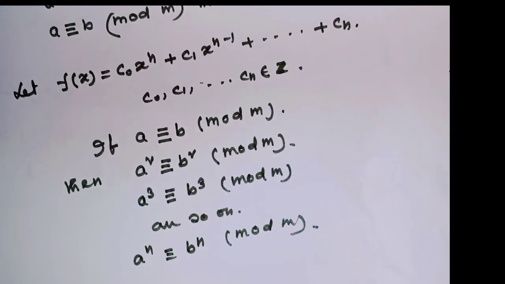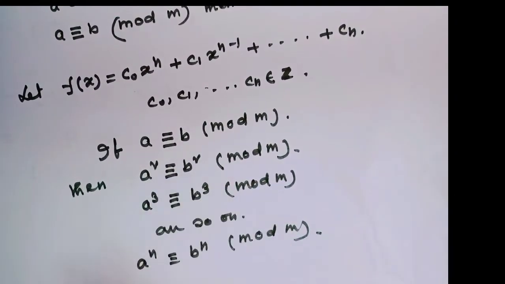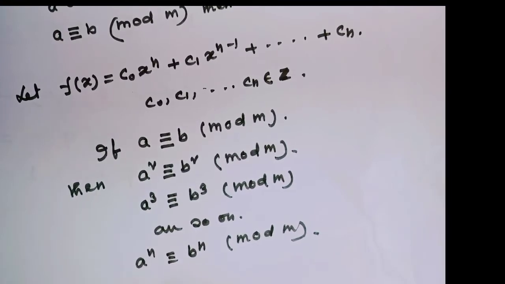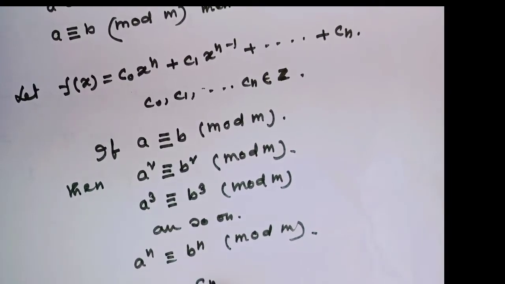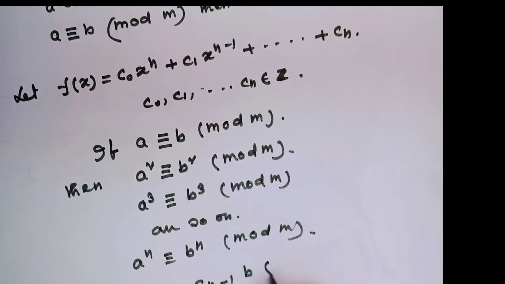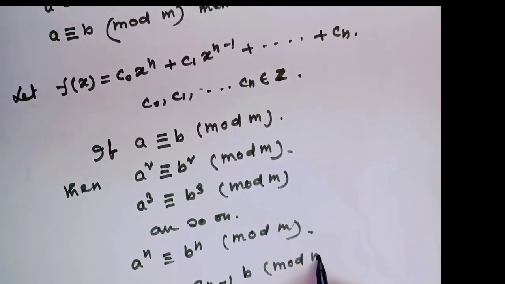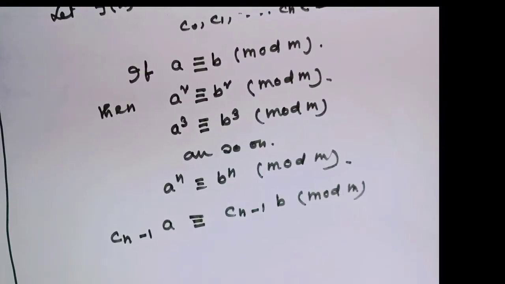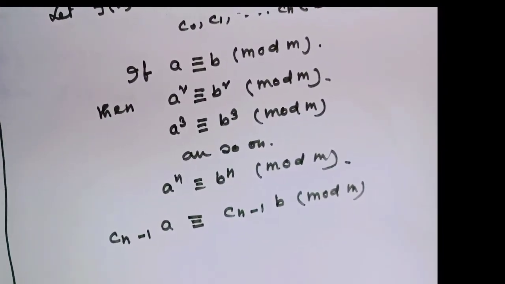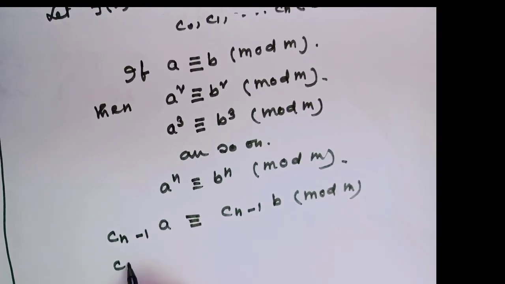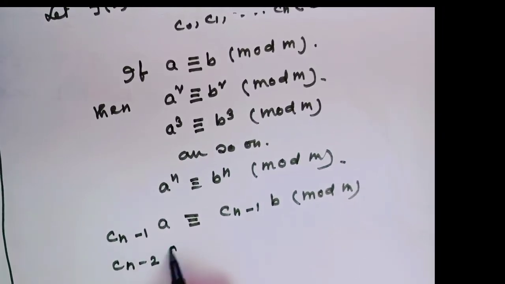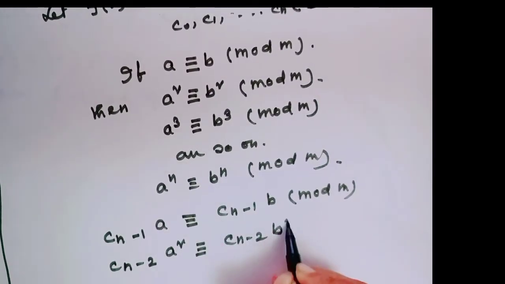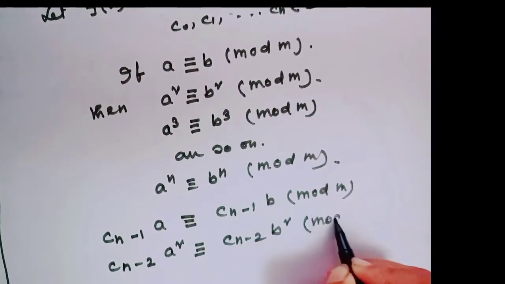Okay, if we multiply by any constant, say c(n-1), then c(n-1)a ≡ c(n-1)b (mod m), where c(n-1) is any coefficient. Okay, then it can be c(n-2)a² ≡ c(n-2)b² (mod m).